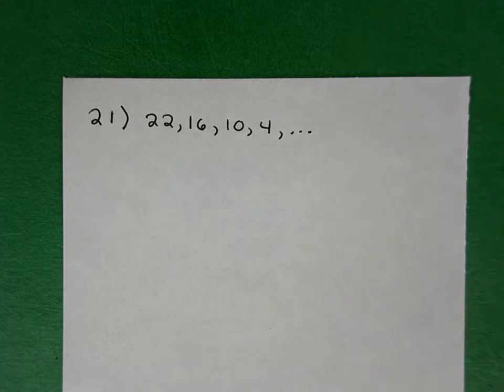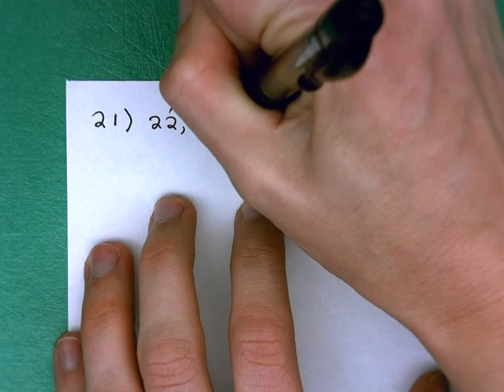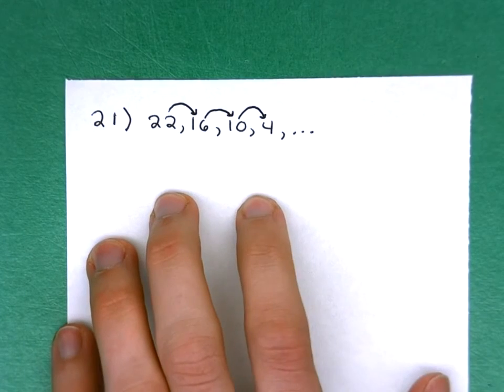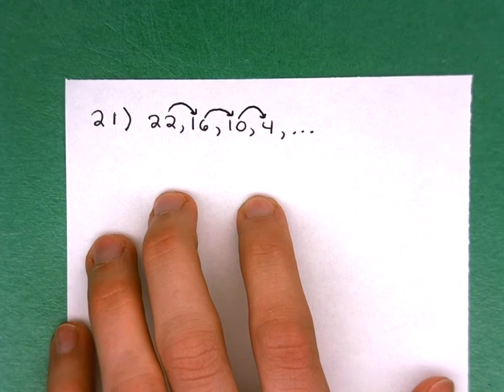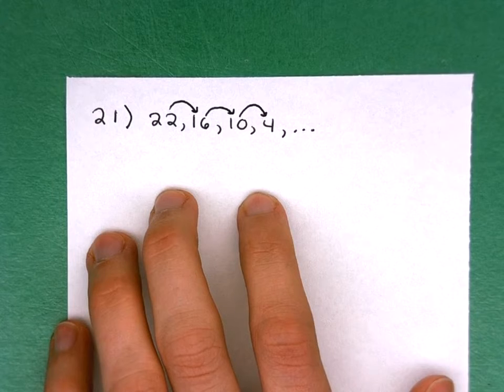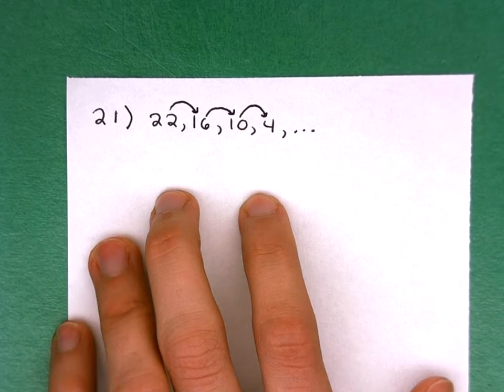Well, if it is, we should be able to find a common difference. And a common difference means that there is going to be the same number added or subtracted the whole time. If I don't have a pattern, if it's not the same number added or subtracted, then it's not an arithmetic sequence. And this means it can't be multiplied or divided either. That's not an arithmetic sequence, it's a different type of sequence.